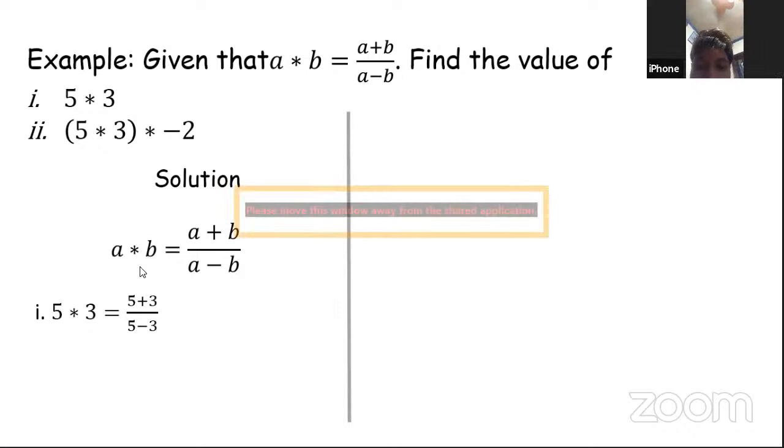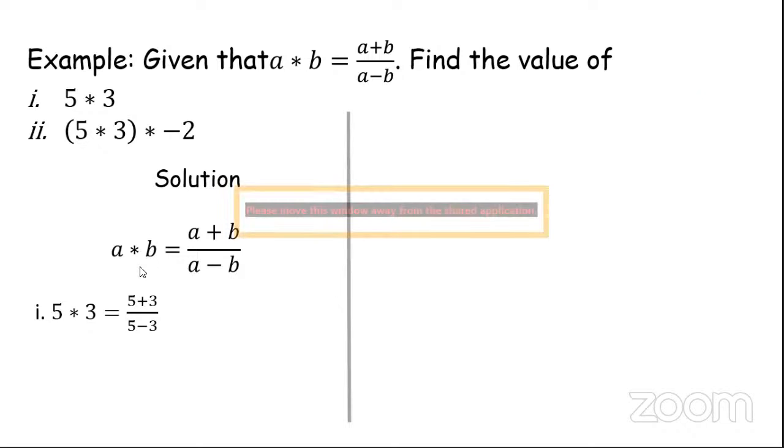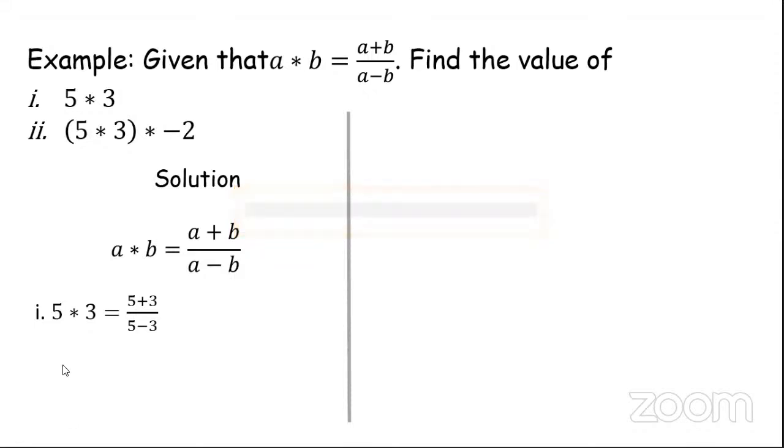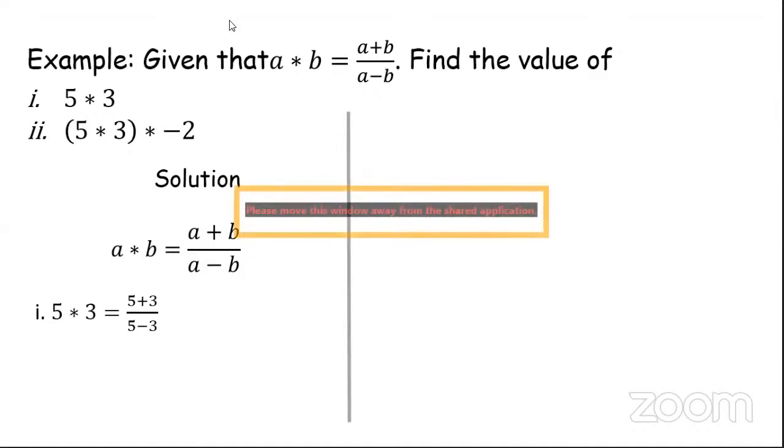So we had arrived here. So we are saying our 5 star 3 is the same as 5 plus 3 divided by 5 minus 3. Because our A star B is A plus B over A minus B. And we say the value of A is 5 and the value of B is 3.